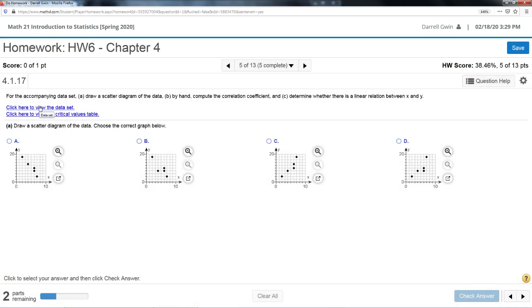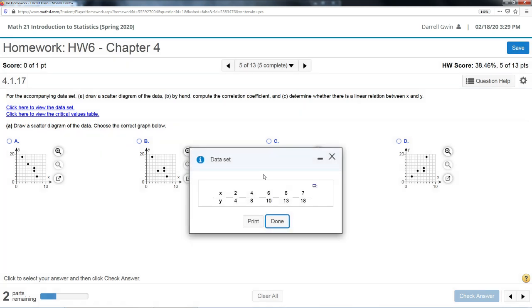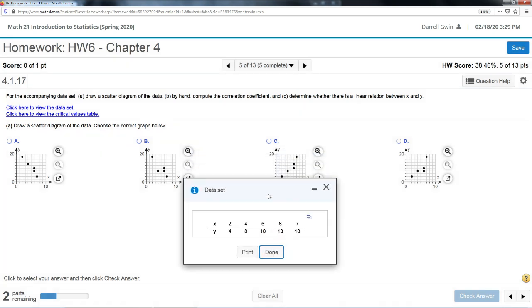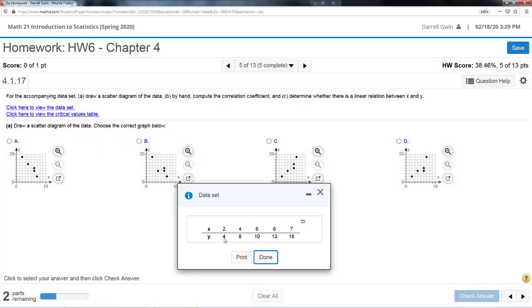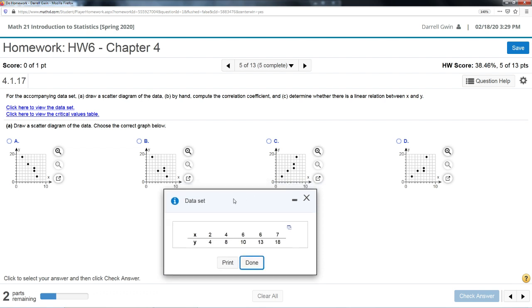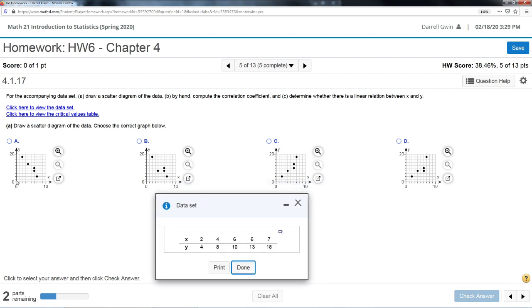View the data set. Alright, we got 5 numbers. So we got a 2, 4 here. There's a perfect one, so it's C and D for 2, 4. What's the difference between these two graphs?